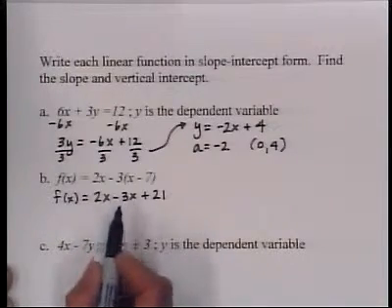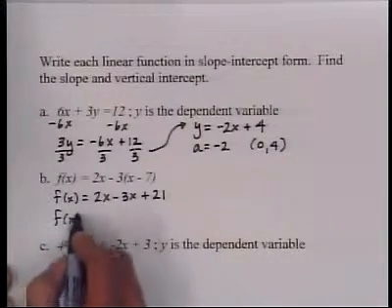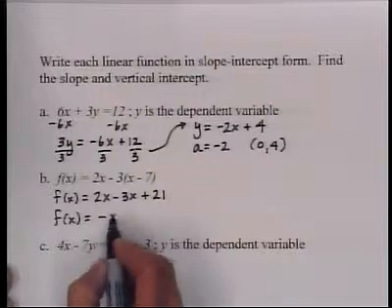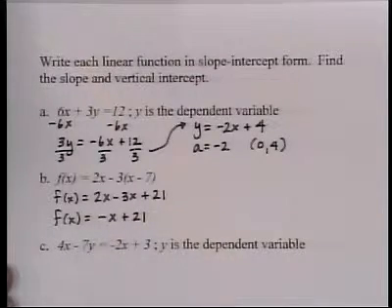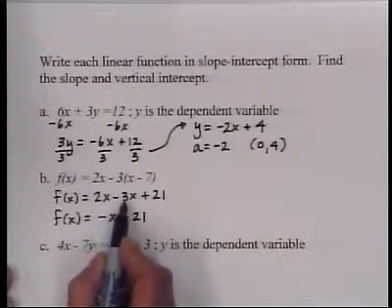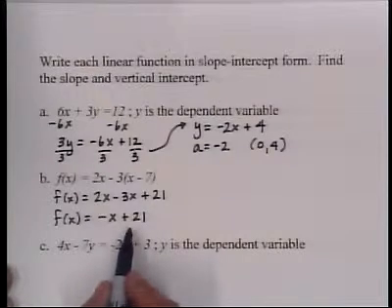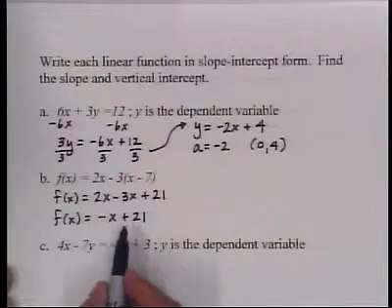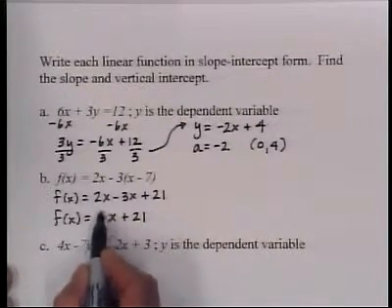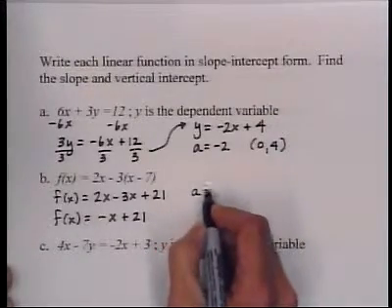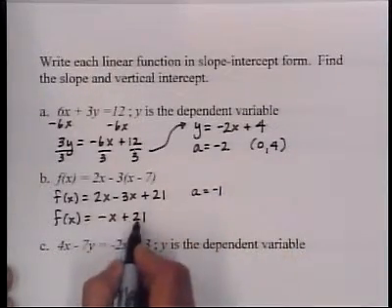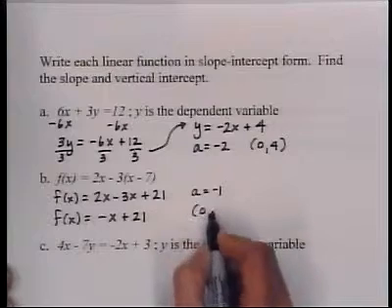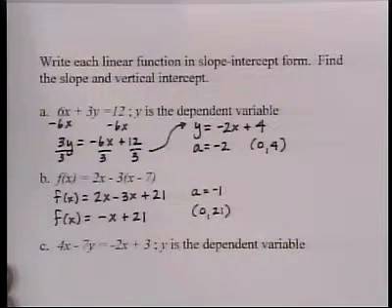Then combining the like terms, we'll have f of x equals negative x plus 21. Negative x is 2x minus 3x. And I have slope-intercept form. The slope is the coefficient of x, which is negative 1, and the vertical intercept, written as an ordered pair, is (0, 21).